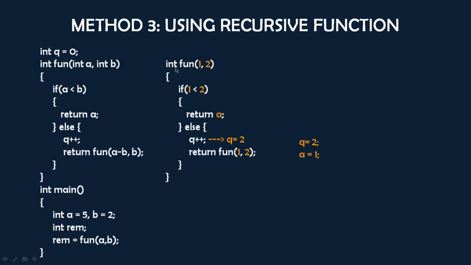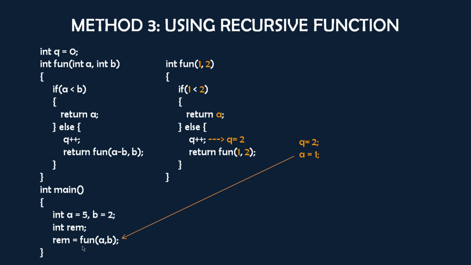Since we called our function, it will now perform. The value of our A is 1, and our B is 2. So it checks the condition whether A is less than B, or 1 is less than 2. Since 1 is less than 2, we have to return the value of A. So the value of A is 1, and we are returning this to our main function.